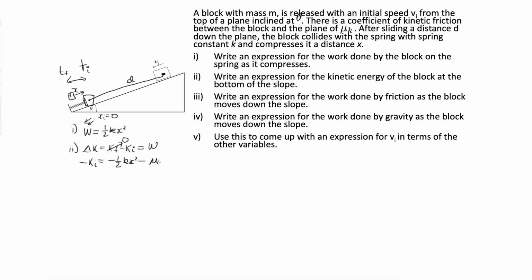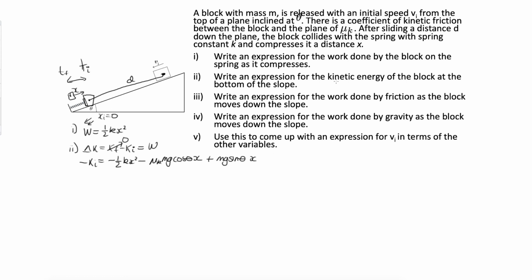So we've got mu k times mg cos theta, that is the normal force, so this total thing is the frictional force, and then for work it's times the displacement, which is x. And then we've got the weight force, which is pulling it down the slope as it moves down the slope, so that's going to be positive: mg sine theta times x.